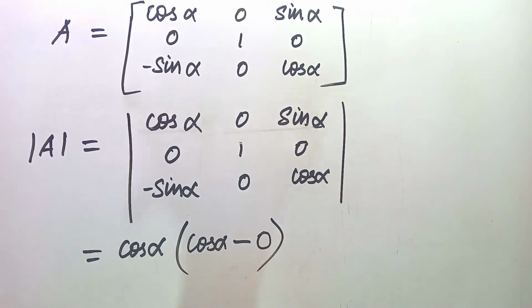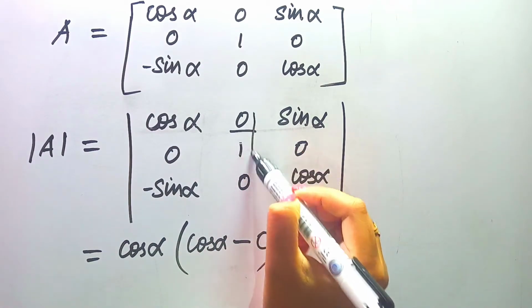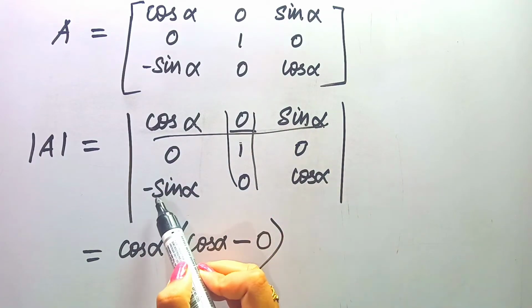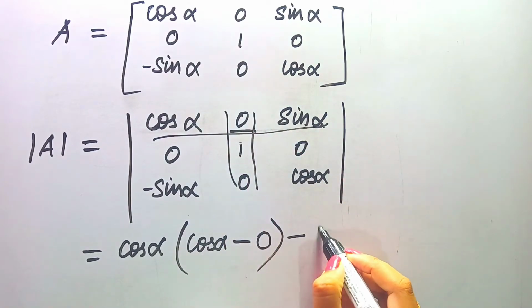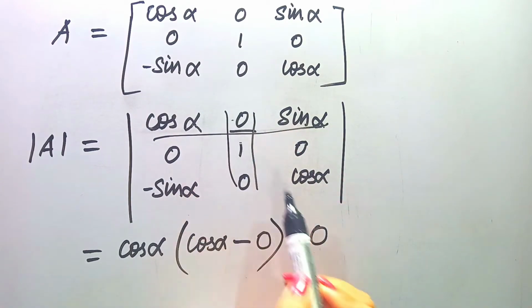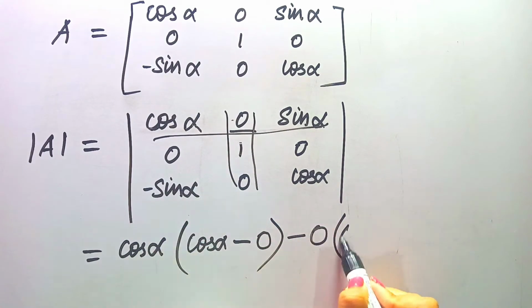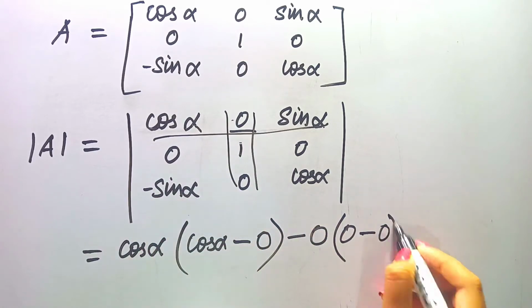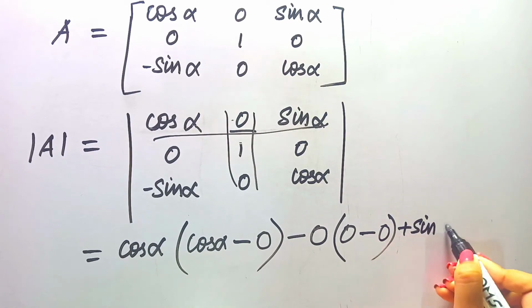So next our value is 0, so we cancel both the horizontal and the vertical values, so that we'll get 0 0, minus sin alpha cos alpha. So first you put a minus sign, then we are taking the value 0, so you put a 0, then 0 into cos alpha is 0, minus 0 into minus sin alpha is 0. So the next term will be plus sin alpha.